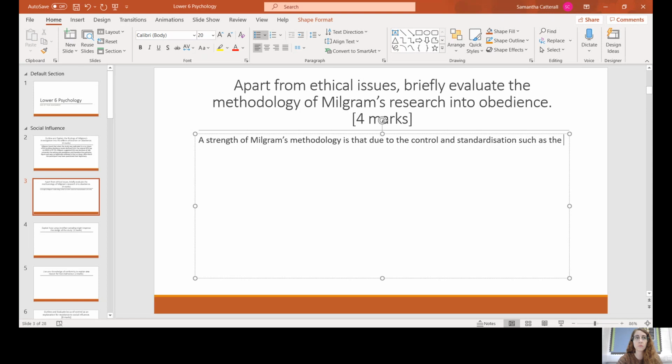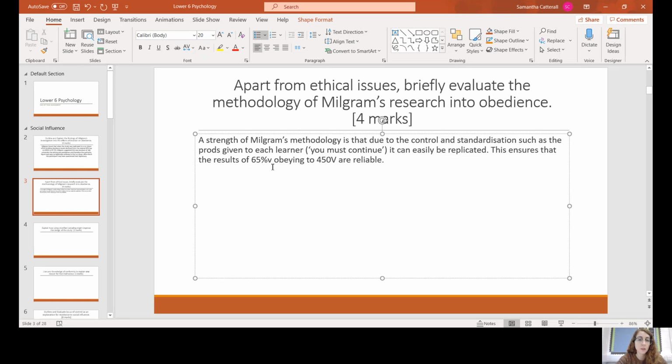I think that's it. A strength of Milgram's methodology is that due to control and standardization, such as the prods given to each learner, 'you must continue', it can be easily replicated.